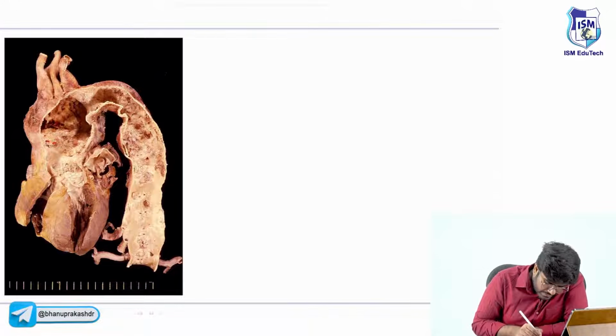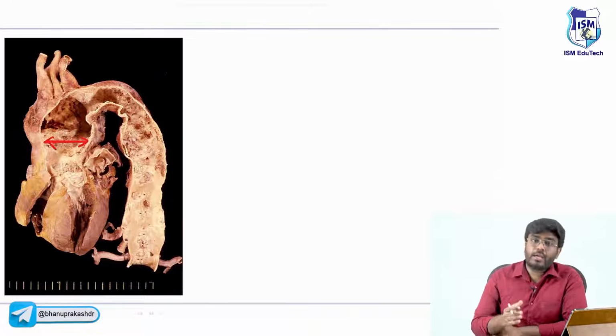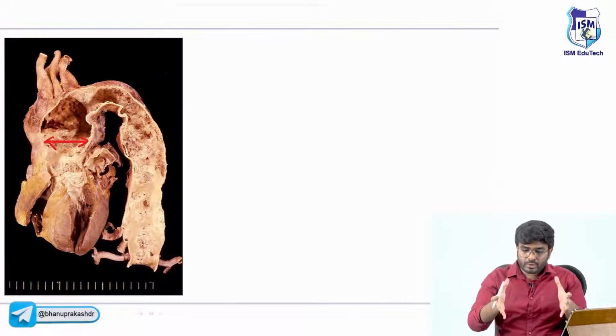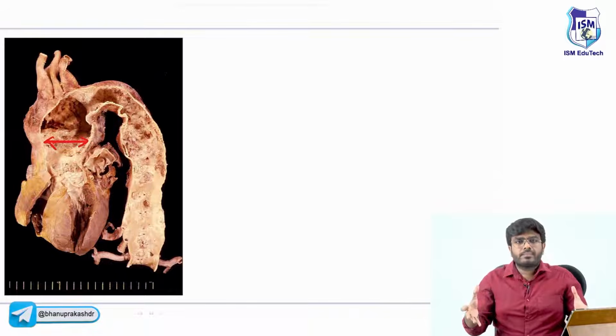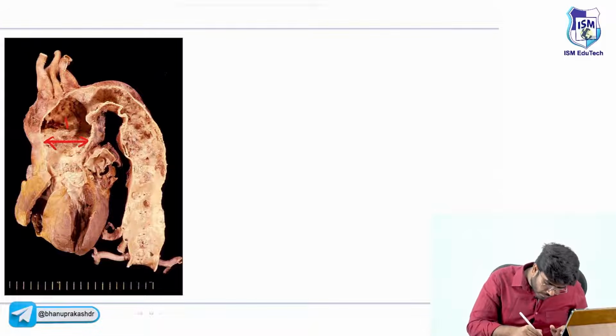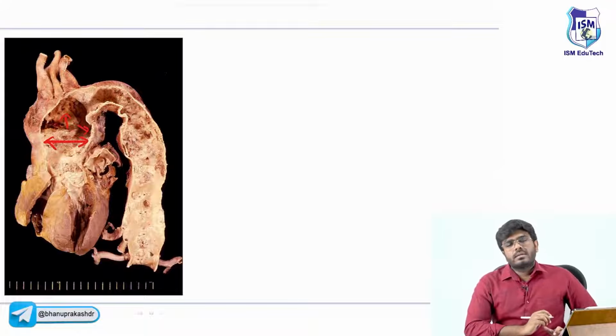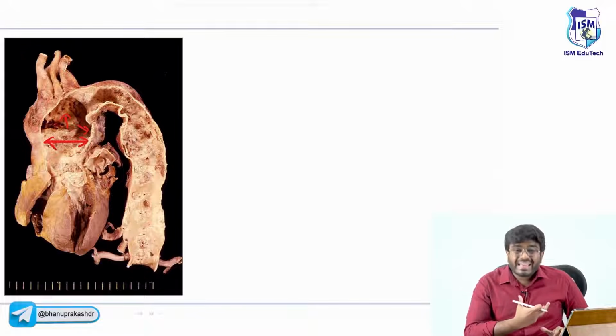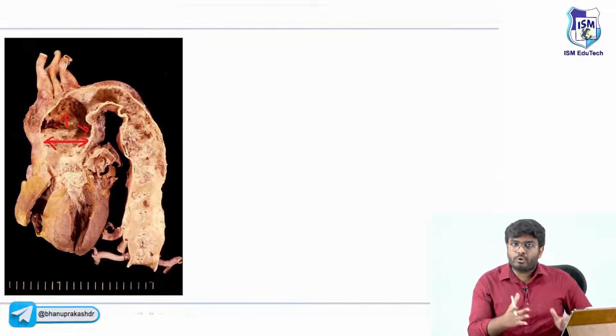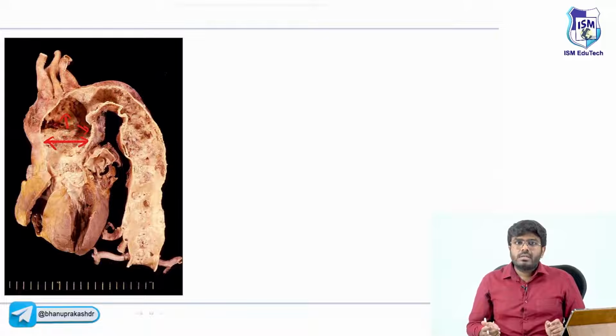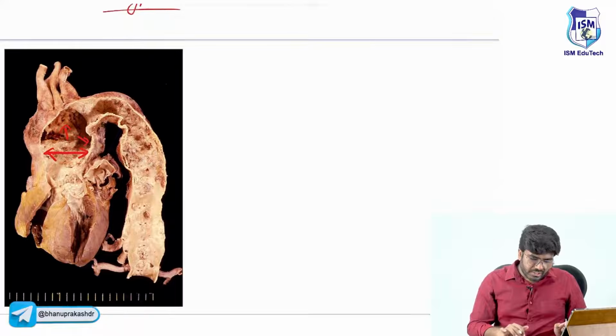Now this is an image based question, a very important image based question. You can clearly see here the aortic root, the starting part of the aorta, is getting dilated. The aortic root is dilated, sir. Even the entire aorta is affected. If you look at the aorta, it's looking like tree bark, the bark of a tree, you know how it looks. So these aneurysms are seen in which condition?